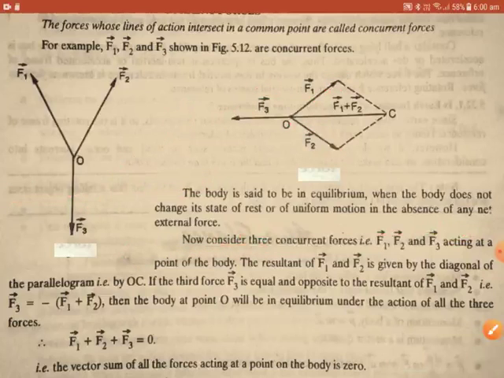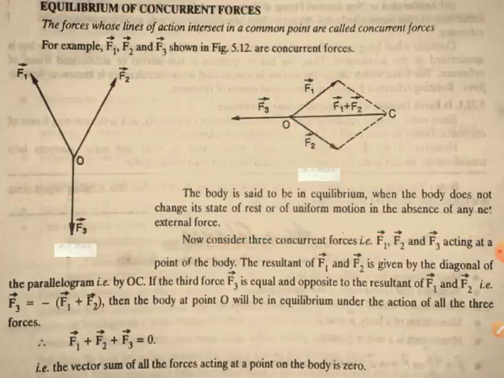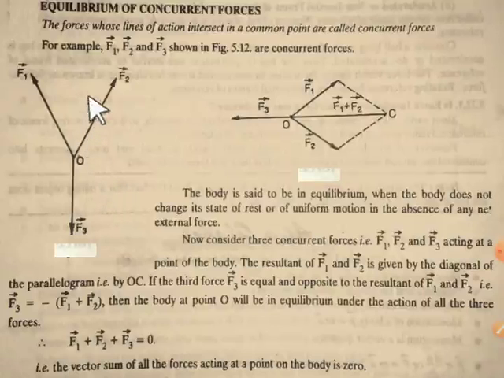So what is the condition for the equilibrium of such concurrent forces? Let's see. If these concurrent forces act on the body and are going to be in equilibrium, then the body should be at rest or in uniform motion.